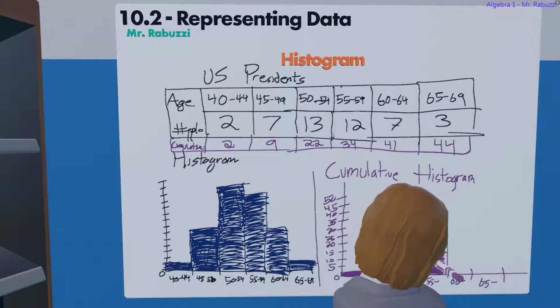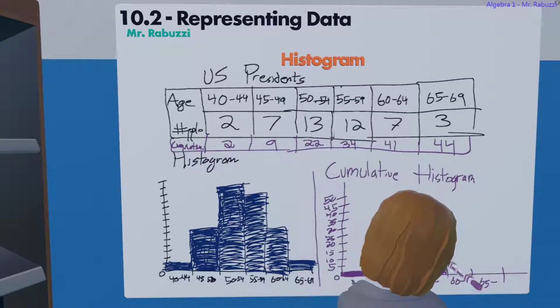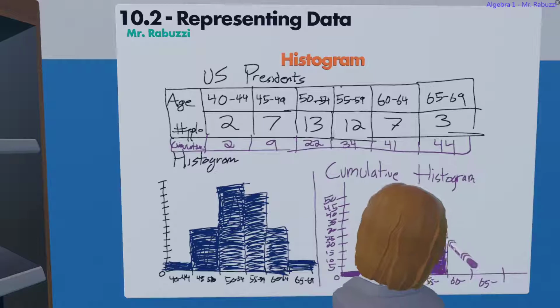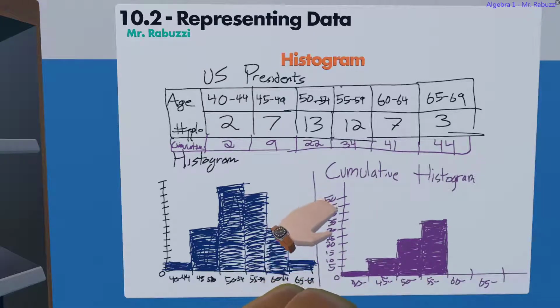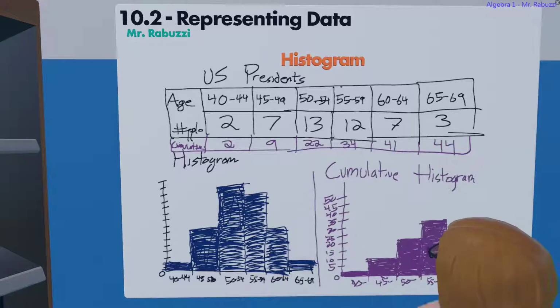I'm spending a lot of time coloring in these bars. It's a little easier on paper since it's going to be smaller. This is actually pretty big in VR. Okay, next one is 41 and then 44.